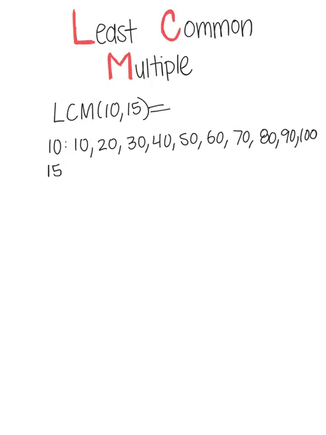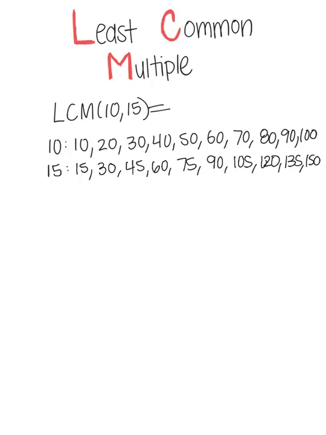Okay, 15. I'm going to have 15, 30, 45, 60, 75, 90, 105, 120, 135, 150. Like I said, I could keep going on, but I'll just stop after the first 10 multiples. So let's see, which ones are in common?